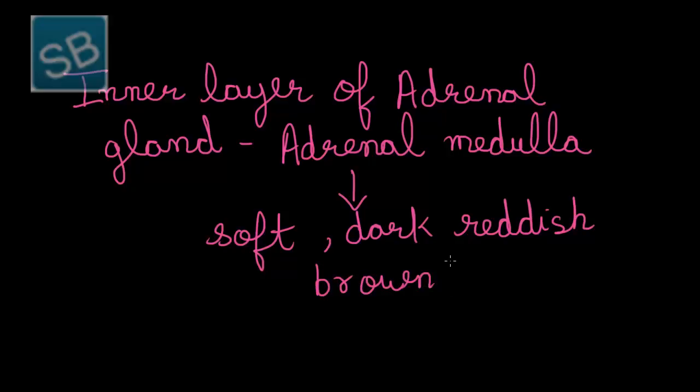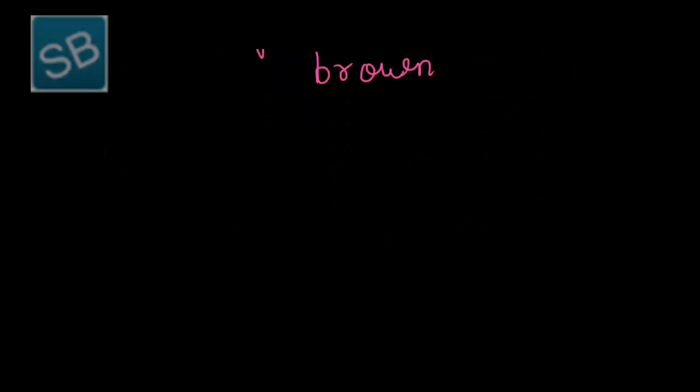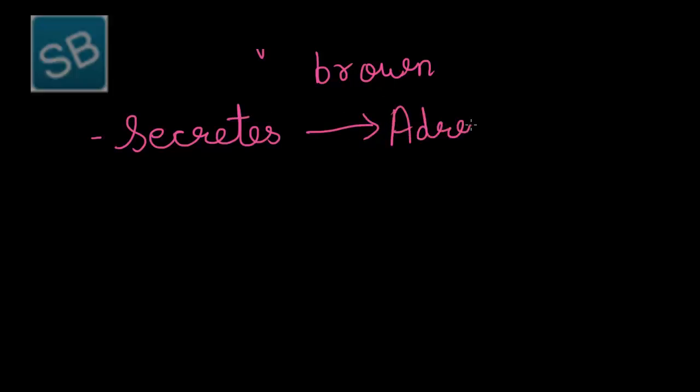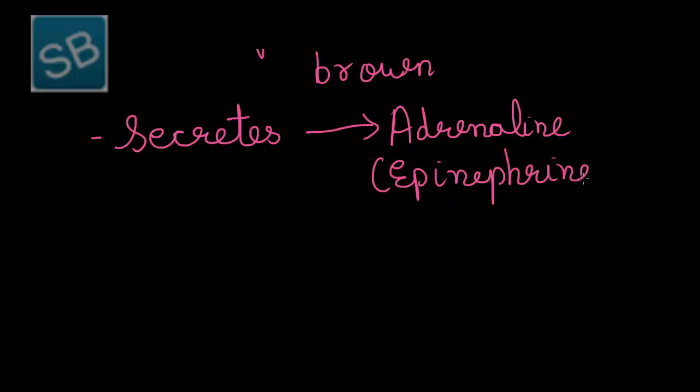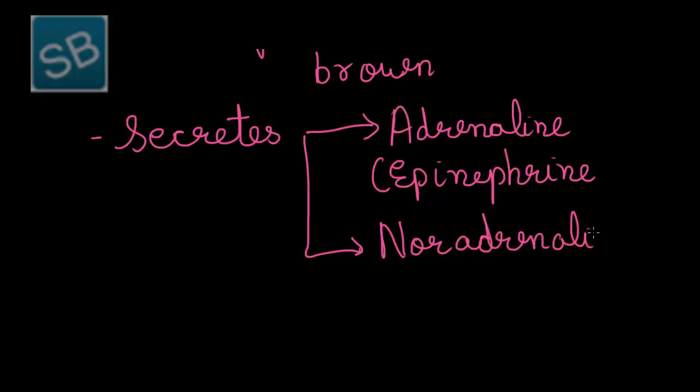The adrenal medulla secretes two types of hormones, which is adrenaline, also known as epinephrine, and the second is noradrenaline, which is also called norepinephrine.